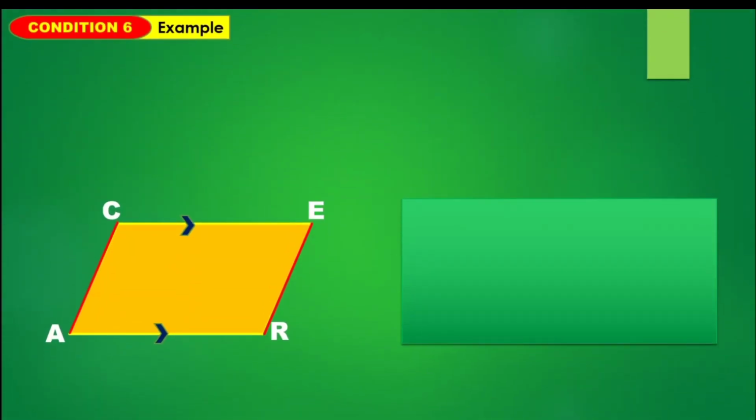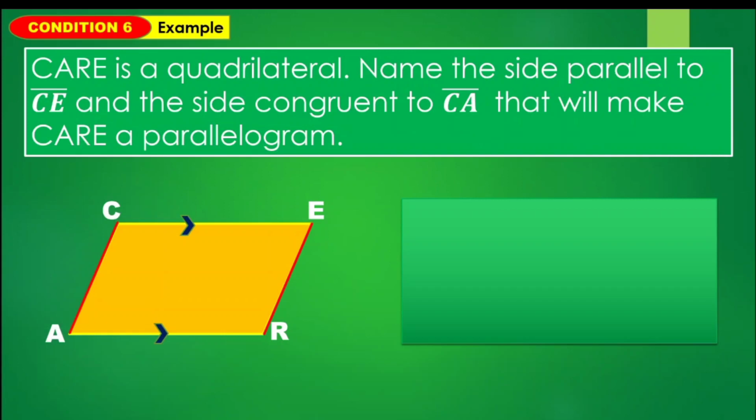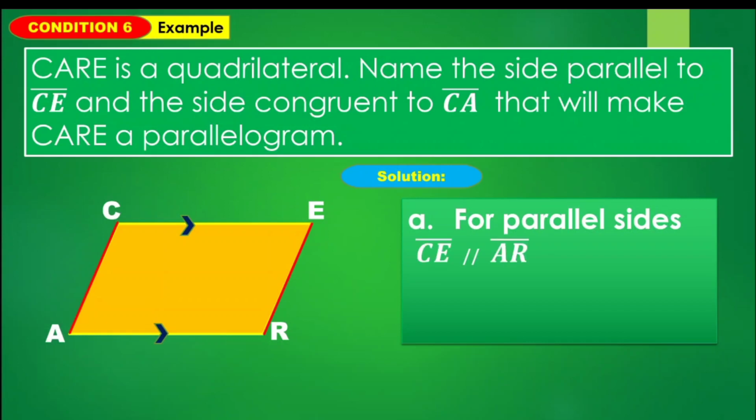Let's have an example for condition number 6. CARE is a quadrilateral. We are asked to name the side parallel to segment CA and the side congruent to segment CA that will make CARE a parallelogram. Based from here, for the parallel sides, segment CA is parallel to segment AR.